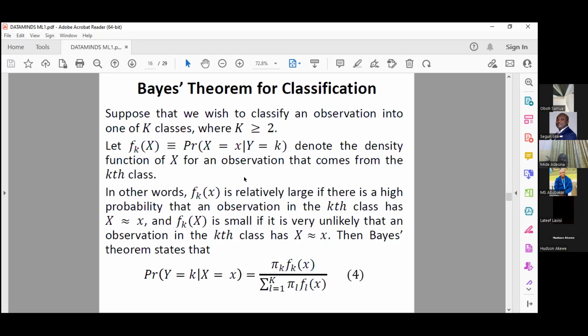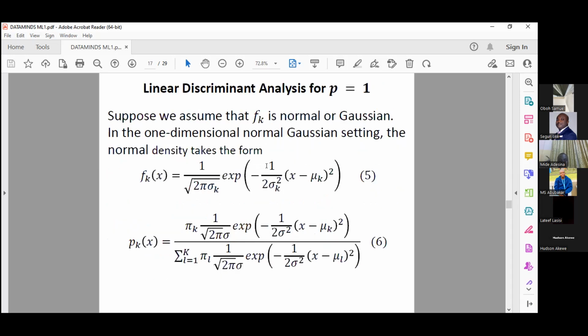Then, talking about the discriminant analysis, in doing that we employ the Bayes theorem, as we can see in our equation 4, and we also have that in equation 5. Equation 6 is telling us about a case where our predictor is equal to 1, assuming we have fail and pass.